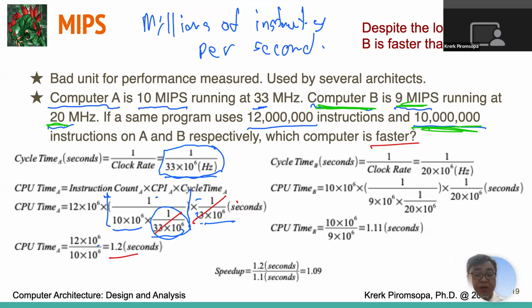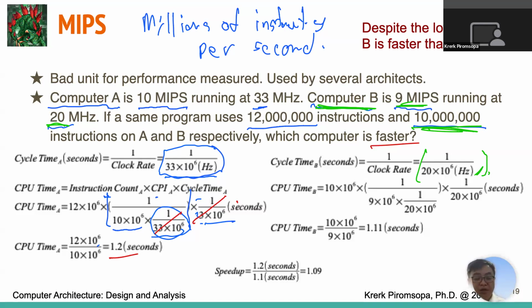Now do a similar calculation for computer B. Again, the clock is 20 megahertz. Convert megahertz into cycle time in seconds. If you want to do the math, it would be 5 nanoseconds, but I would leave it like that.